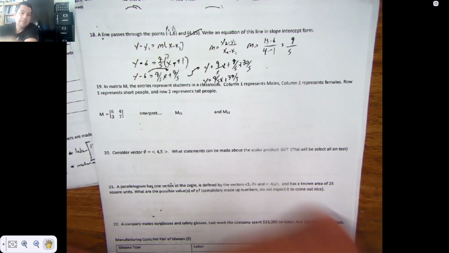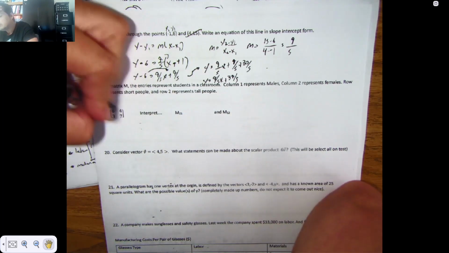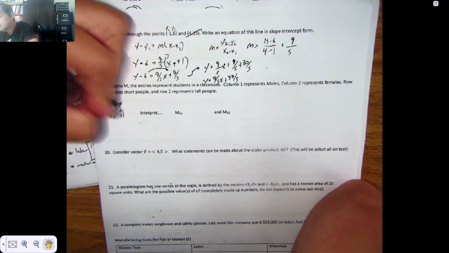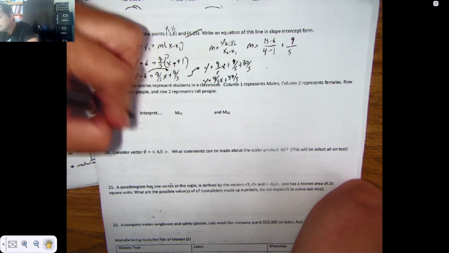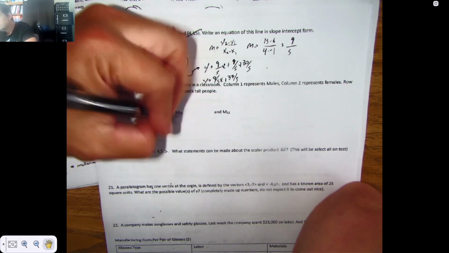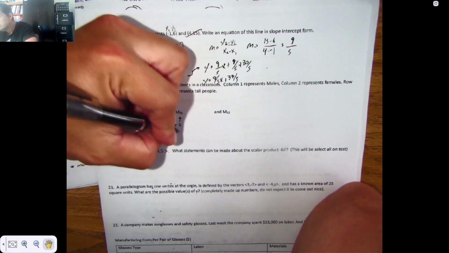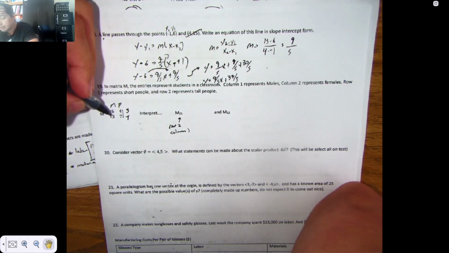In matrix M, the entries represent students in a classroom. Column 1 represents males. Column 2 represents females. Row 1 is short people. Row 2 is tall people. Interpret M21. That would be row 2, column 1. Row 2, column 1 is a 3.